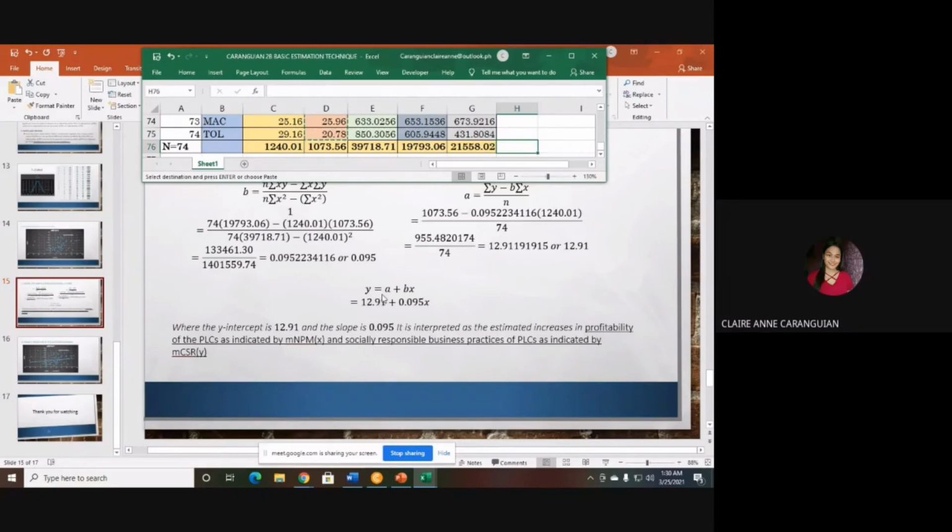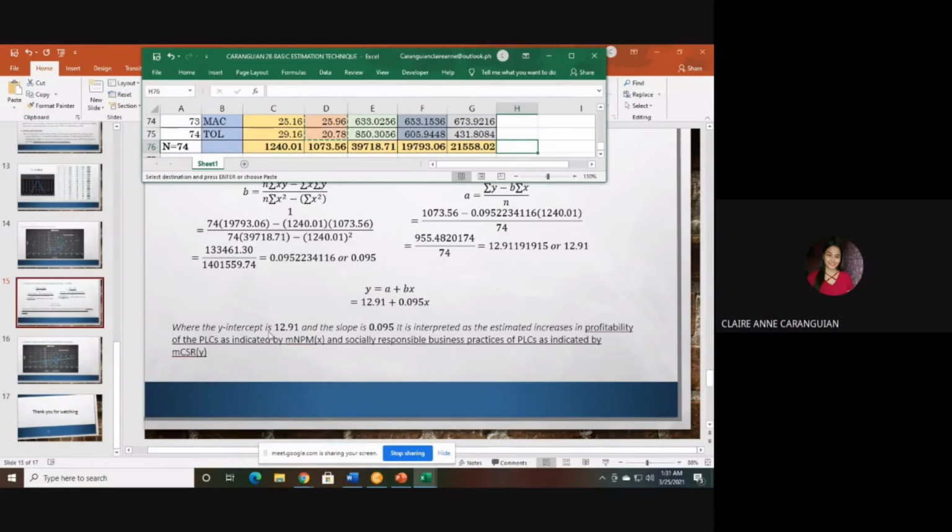So, pwede na nating masagutan yung y. So, y is equal to a plus bx kasi meron na tayong a and b. So, yung a natin is 12.91 plus yung b is 0.095x. So, yung x dito, isa-substitute siya kapag gusto nang hanapin yung y.